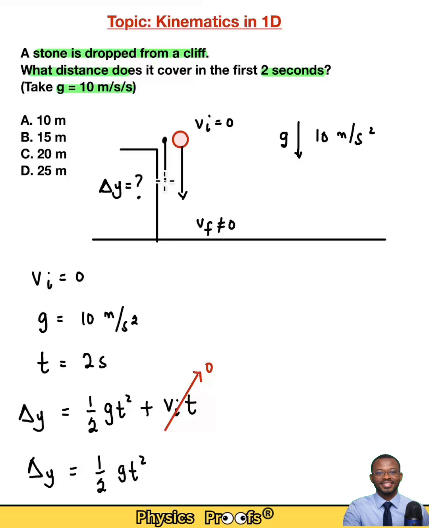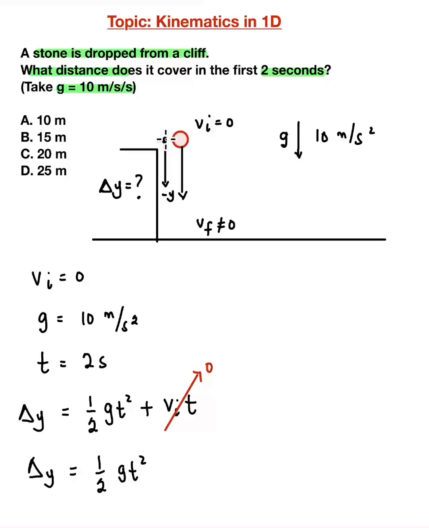Any vector that is pointing vertically downwards is going to be negative, so along the negative y-axis, and vertically upwards is going to be positive, along the positive y-axis. Since acceleration due to gravity is pointing downwards, it is going to be negative 10 meters per second squared. Now we can solve for our delta y after 2 seconds.